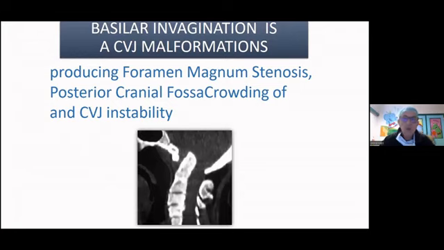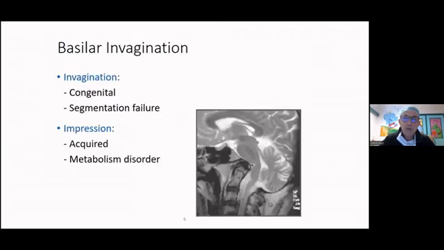The key word of basilar invagination is a crowding of a posterior cranial fossa, and the origin can be congenital or acquired. When congenital, the terminology which is suggested is basilar invagination. Otherwise, when we deal with the acquired condition, we prefer to use basilar impression.